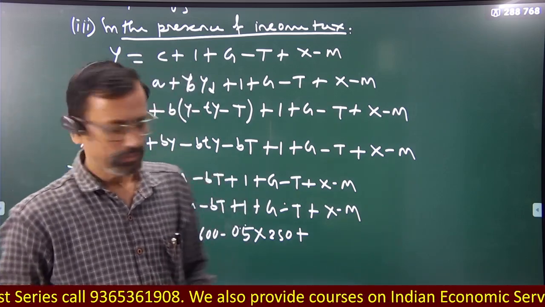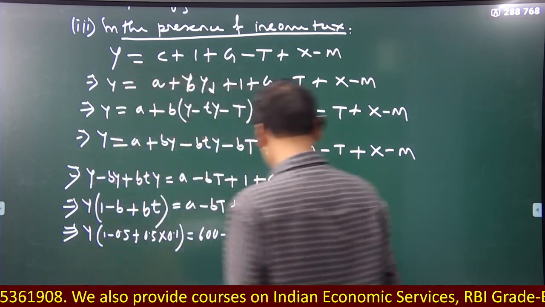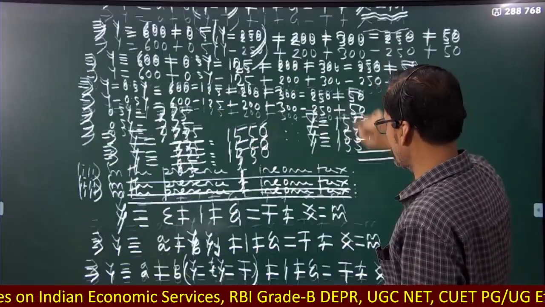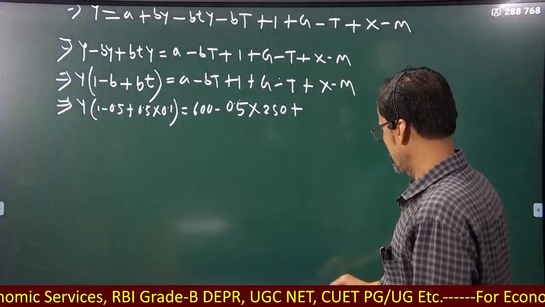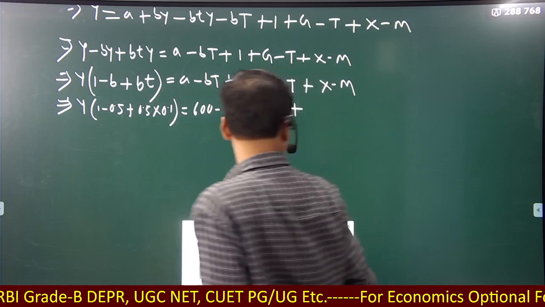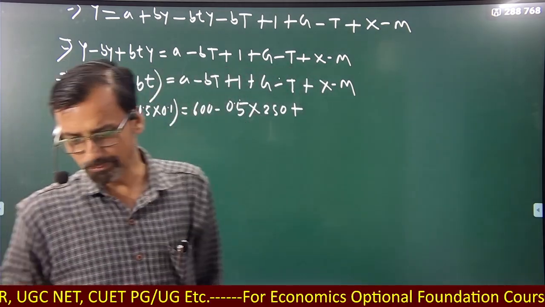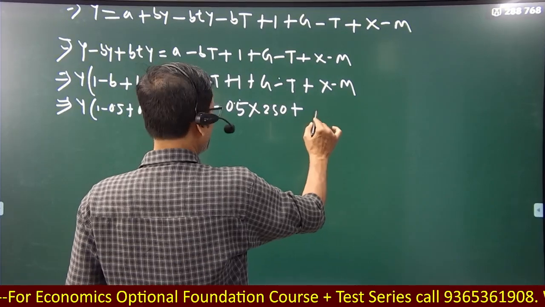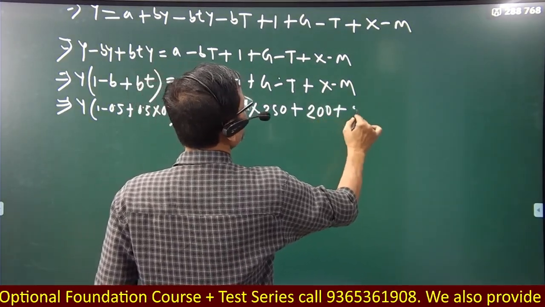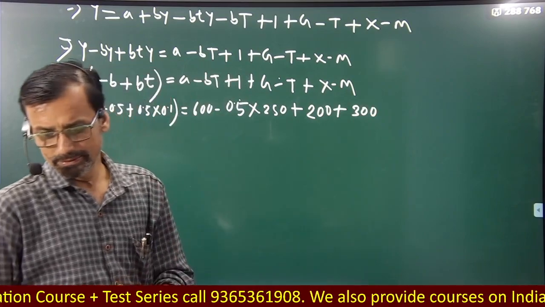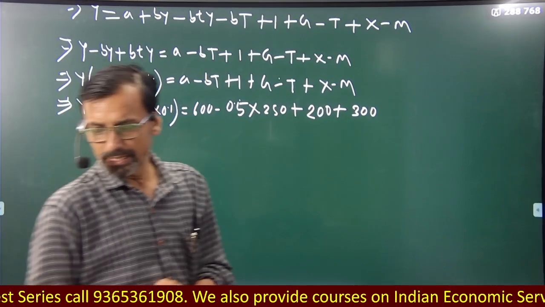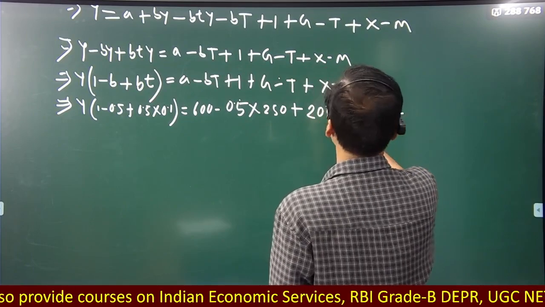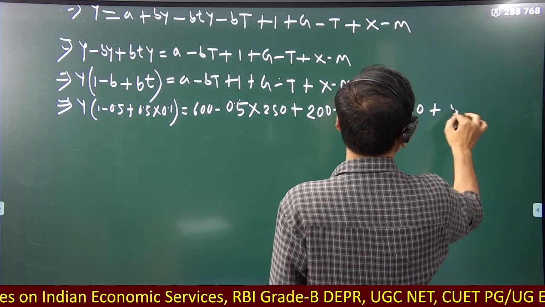Investment is given here, 200 is investment, plus government expenditure is also 300, and 250 autonomous income tax plus net export 50.